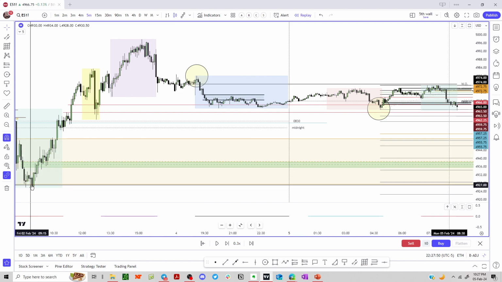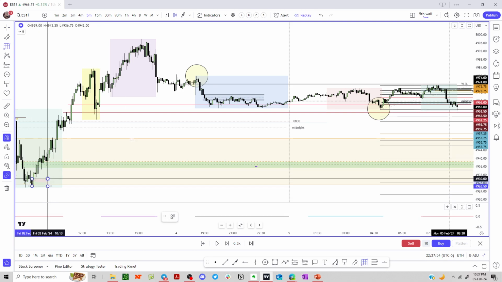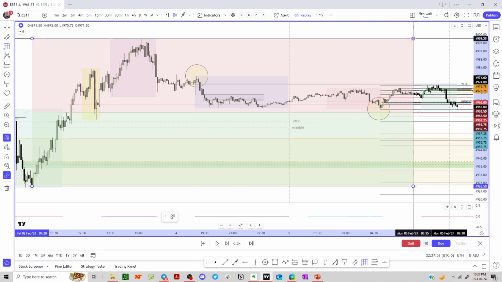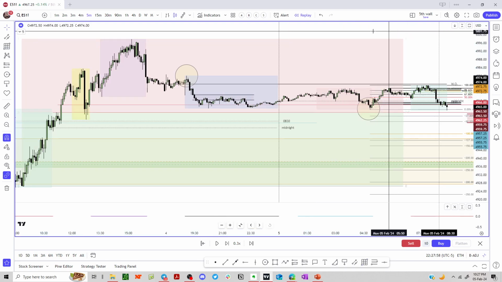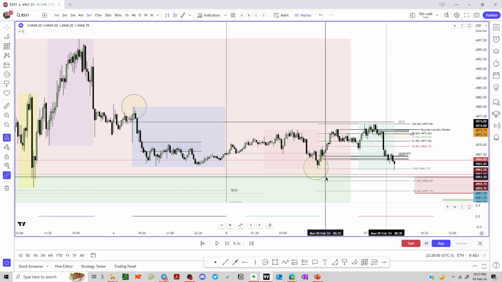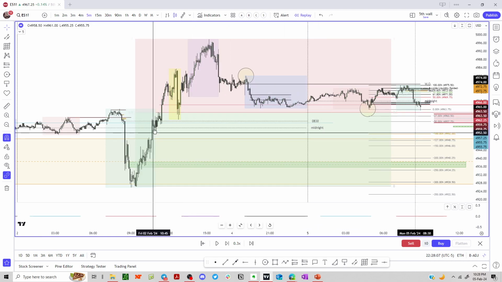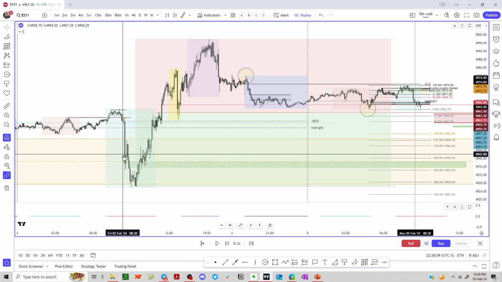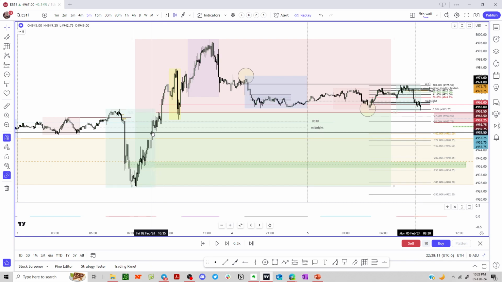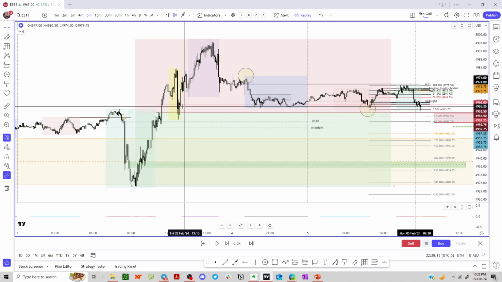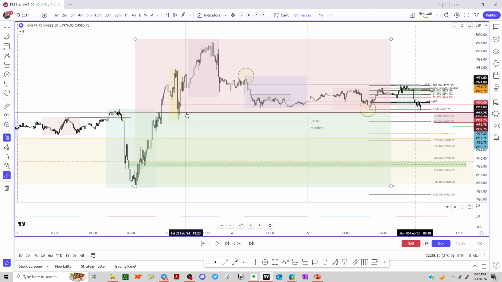Let's use this so we can, all right, so that's not 50%, right? So you can target all of this, but the first target would be here, below 50% of the range.